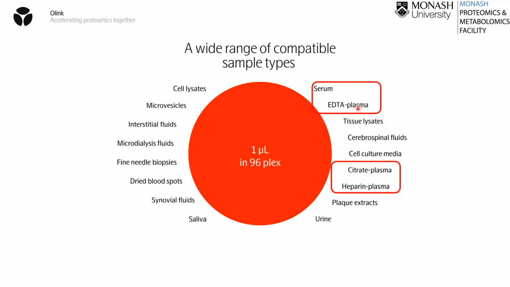Since the Olink platform has been designed for serum and plasma, using these other sample types usually requires a little bit of tweaking, but it can be done on this platform. I don't have any summary slides, but we are happy to take any questions now.